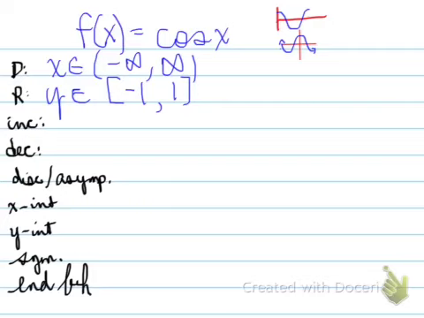Alright, so looking at the increasing intervals. Remember that in this cosine function, if we look here, it increases from this point down here, when it reaches negative 1, which is at 180 degrees, and reaches the top part at 360.